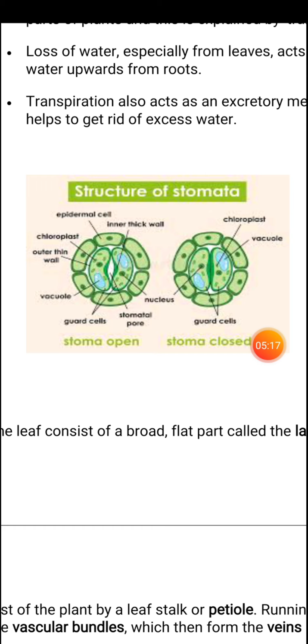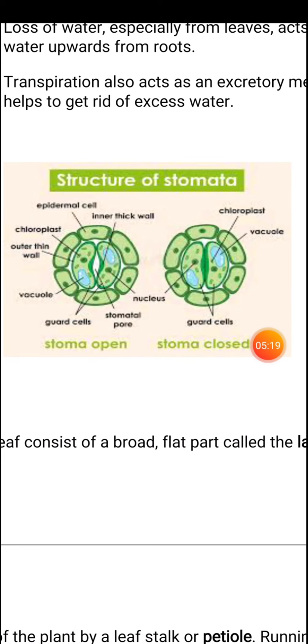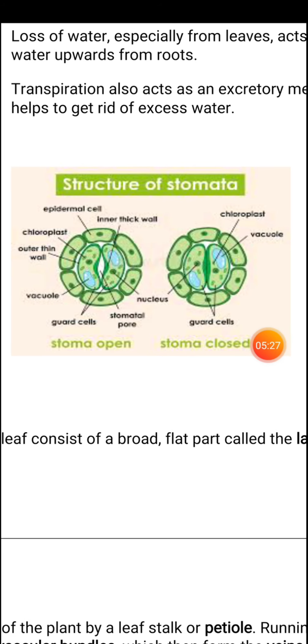Why it has to be guarded very properly? Because according to the temperature, according to the humidity, it will open and close by itself. It is not open every time, because most of the summer time, now we are running in a summer season, so from 10 to 4 or 5 o'clock stomata will be closed, because if the stomata are open, a lot of water will be moved out through the process of transpiration.